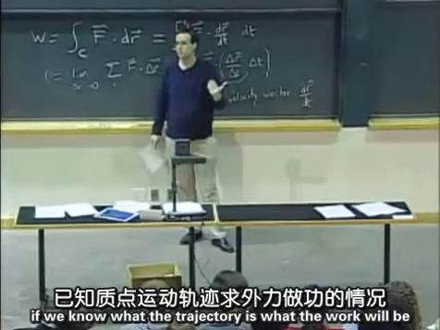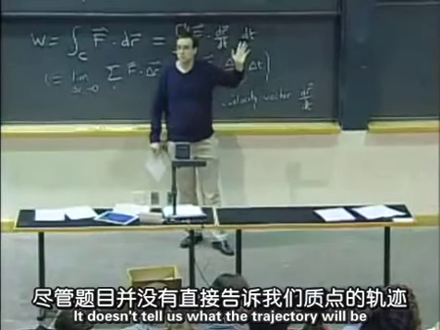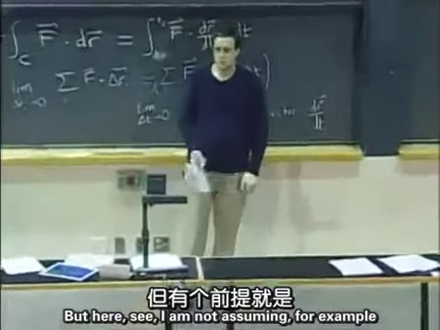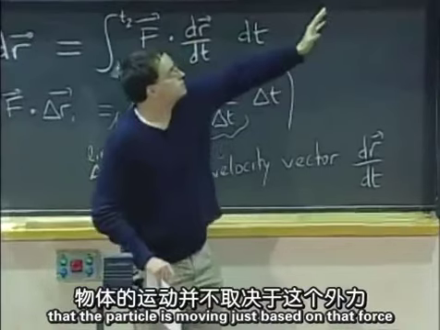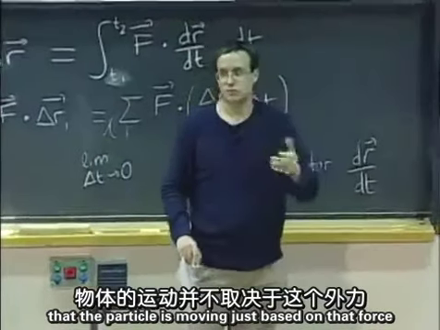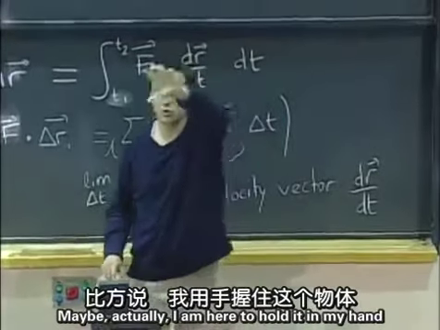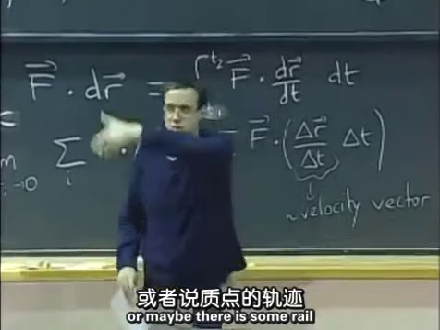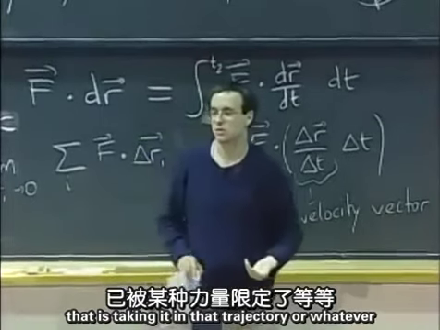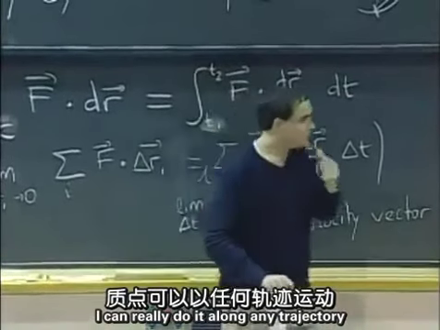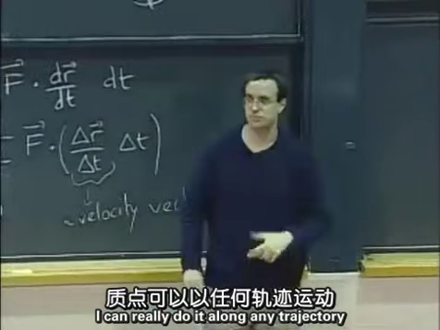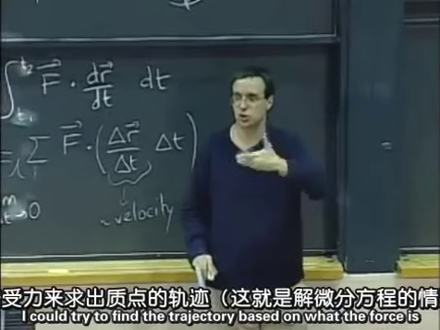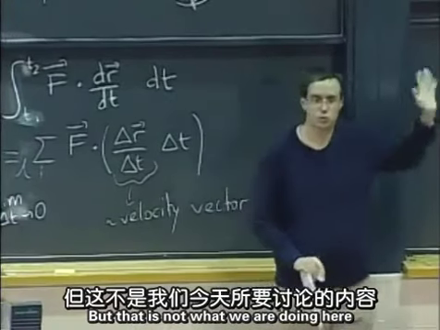It doesn't tell us what the trajectory will be, but of course we could also find that. Here I'm not assuming that the particle is moving just based on that force. Maybe I'm holding it in my hand and forcing it to go where it's going, or maybe there's some rail taking it on that trajectory. So I can really do it along any trajectory. If I knew that it's the case, then I could try to find the trajectory based on what the force is. But that's not what we are doing here.